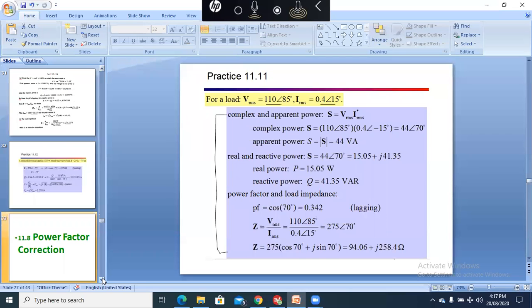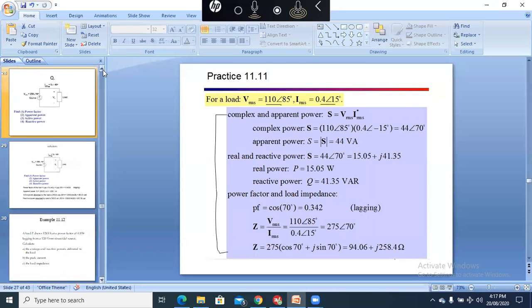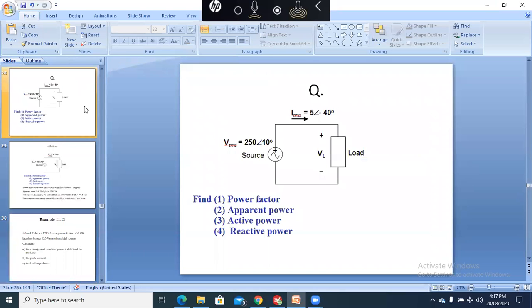So I just leave two problems for you for assignment, similar problems. So one is this, you have a voltage source and you have the load which draws the RMS current of this value, and you have to calculate these values.